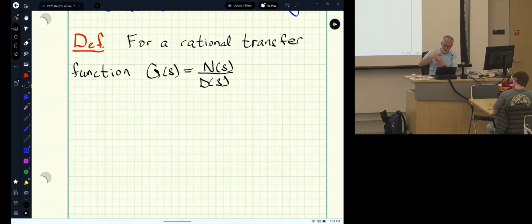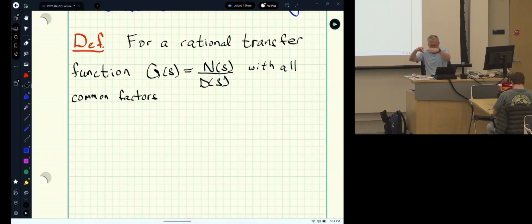Now we're going to assume the common factors have been removed. So, okay, with all common factors removed. So if there's an s plus 1 in the numerator and an s plus 1 in the denominator, cancel those puppies. Same for an s squared plus 2s plus 3 if that's in the numerator and in the denominator, cancel them. Get rid of all the common factors. Okay.